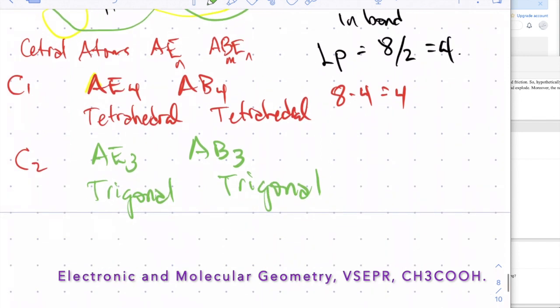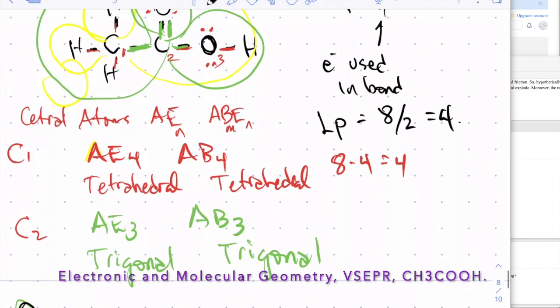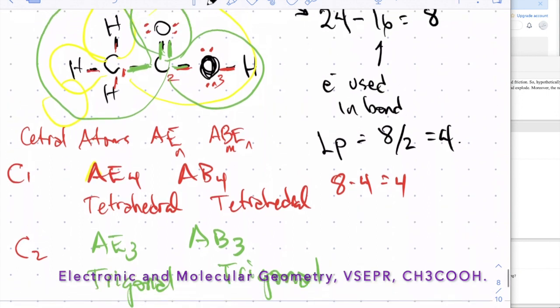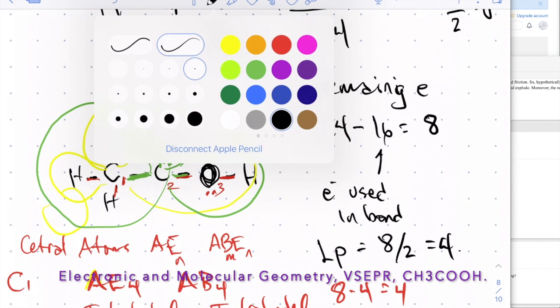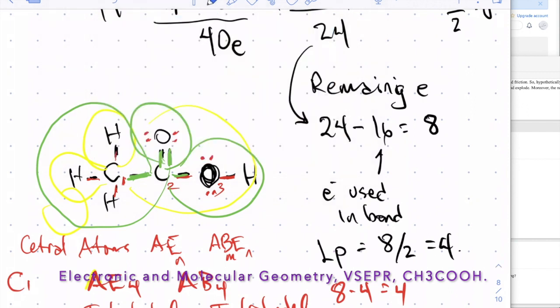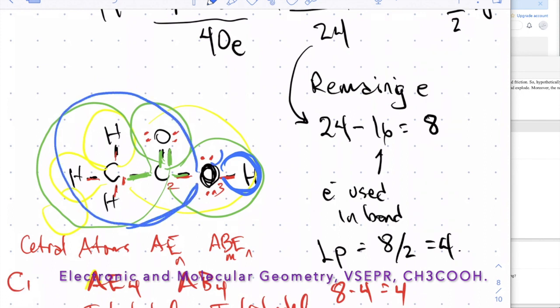Finally, we're going to look at oxygen, and that's oxygen 3. That's this oxygen right here. Okay, so if we take a look around this particular oxygen, there's 1 region, there's 2 regions, there's 3 regions, a lone pair counts as a region, and there's 4 regions.